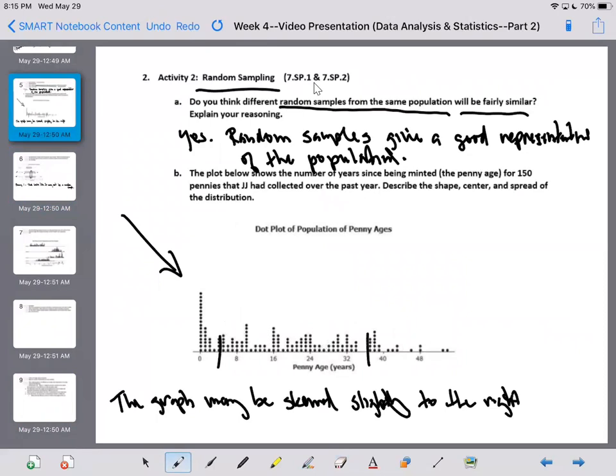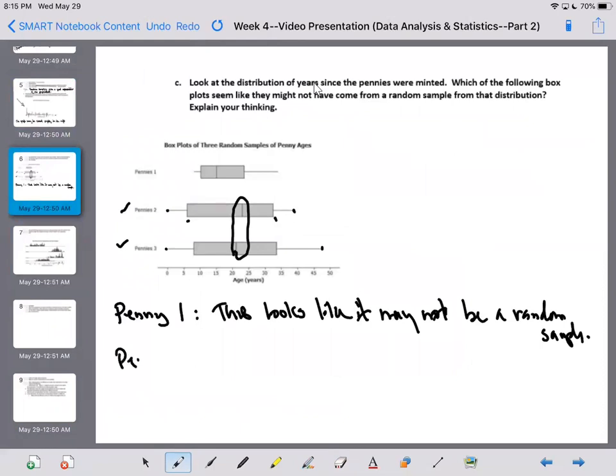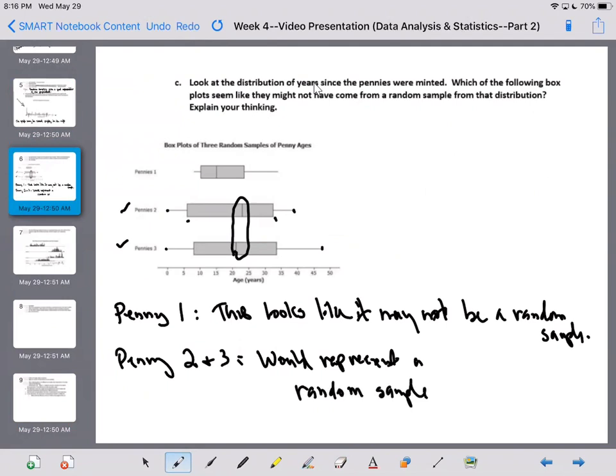And we do represent 0 up to 40 on both of these. So the box plots for 2 and 3 would represent a random sample. So it does help to look at the medians. It helps to look at the minimums, the maximums, look at your quartiles to make a good decision whether that's a good random sample from the population.